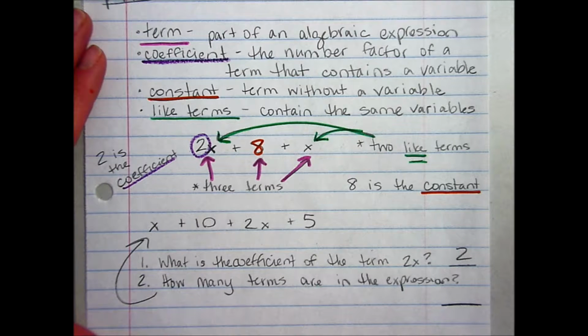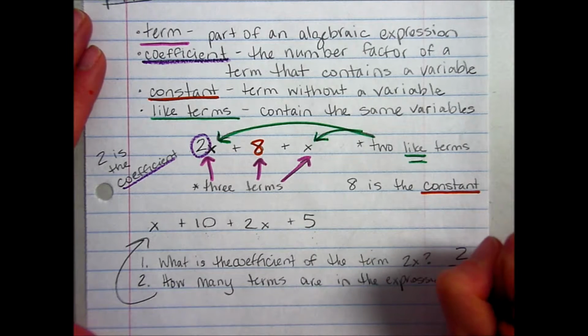So how many terms do we have? Come on. How many pieces do we have of our expression, Lucas? Four. 4. Good job.